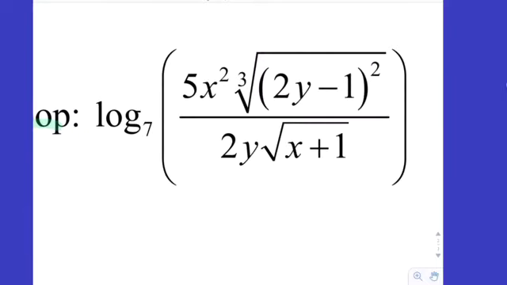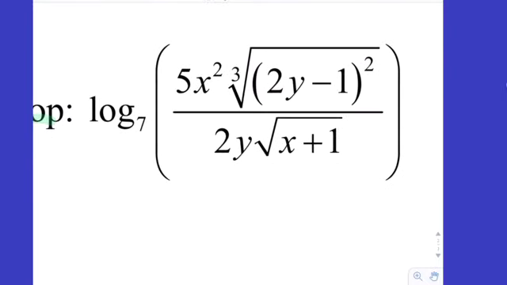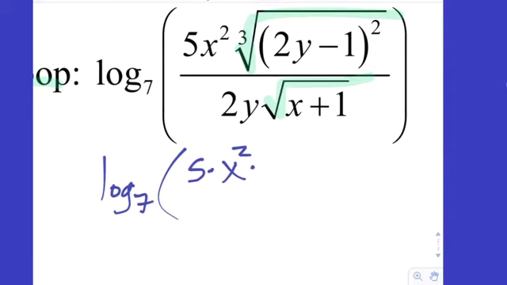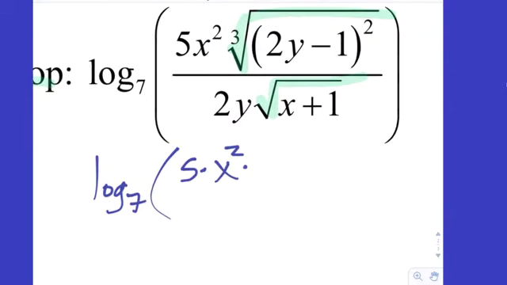Now, in order to help ourselves, I am going to take one line of liberty to rewrite the radicals as rational exponents, okay? If you ever have any radicals, you want to write them as rational exponents. So here we go. This is log base 7. And in the top, we have a 5 times an x squared. I'm putting a little dot in between them just to show separation.